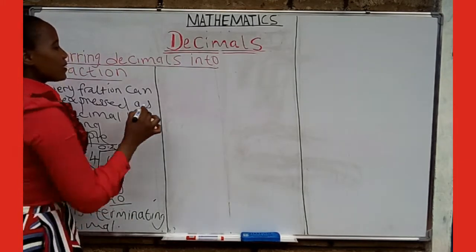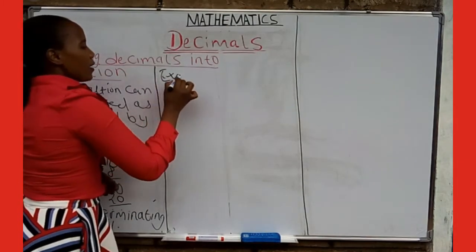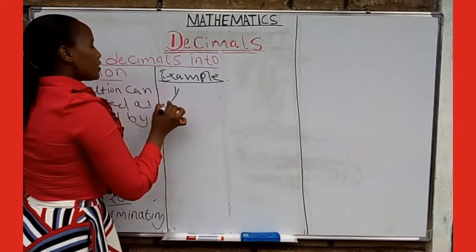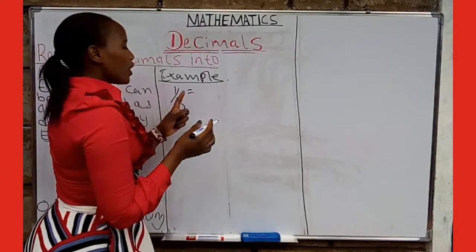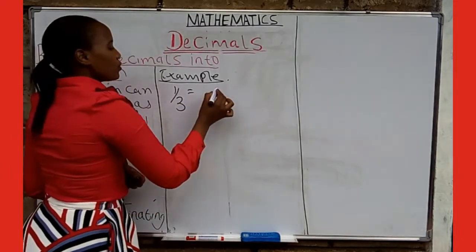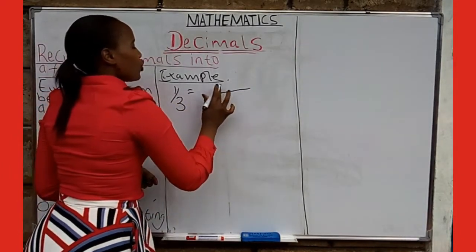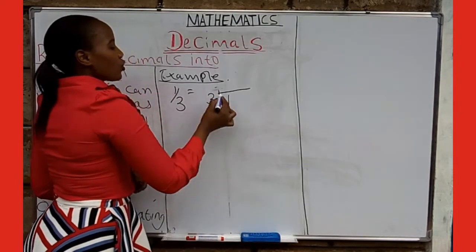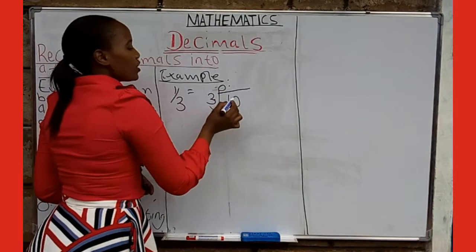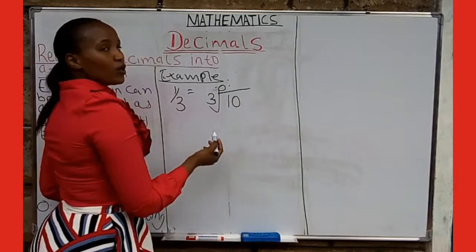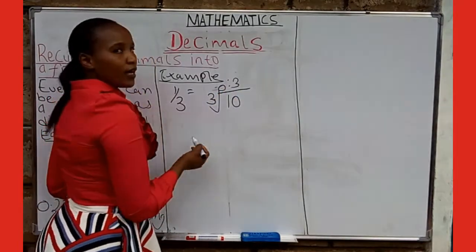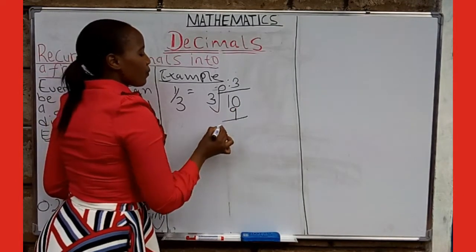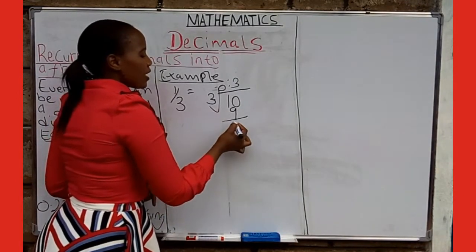Let us look at another example, maybe a third. We convert it into a decimal. We divide the numerator by the denominator. We put 0 there. 3 will go 3 times into 10, so 3 times 3 is 9, and 10 minus 9 is 1.